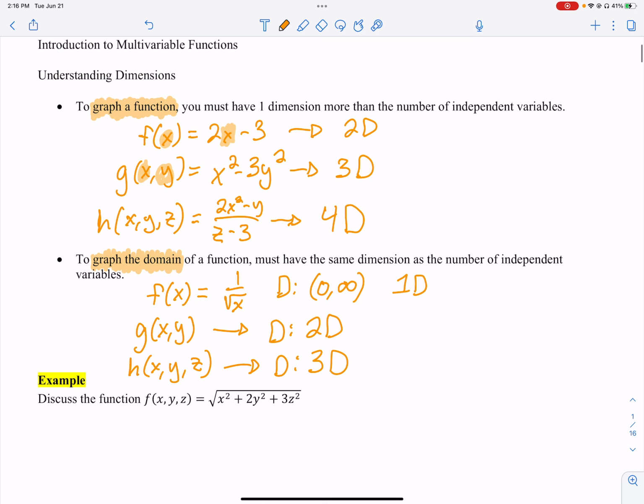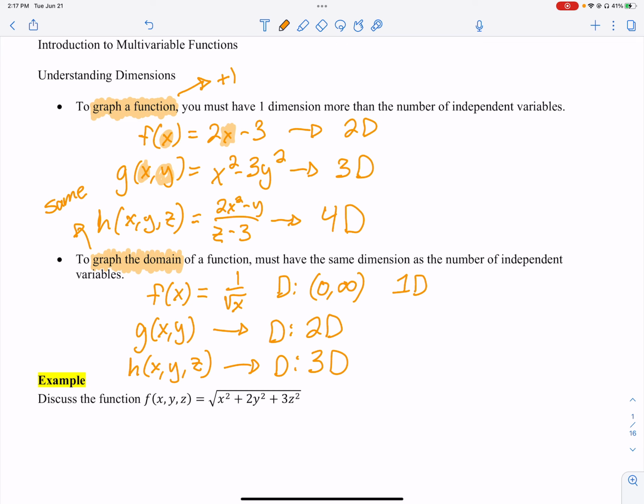So we have two different rules. This one is one more, and then this one is the same as the variables. If we want to graph a function, we add one more dimension to the number of variables, and that tells us how many dimensions we're going to have. And then to graph the domain, we use the same number of dimensions as variables.